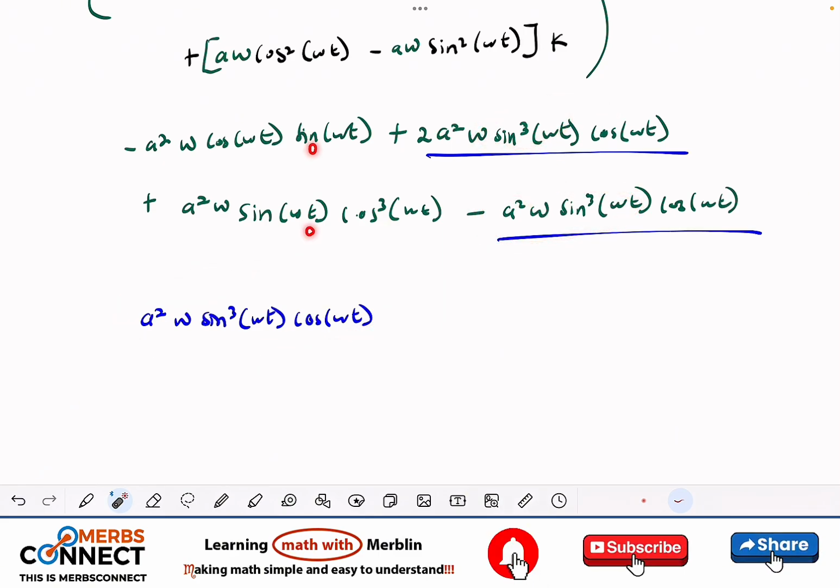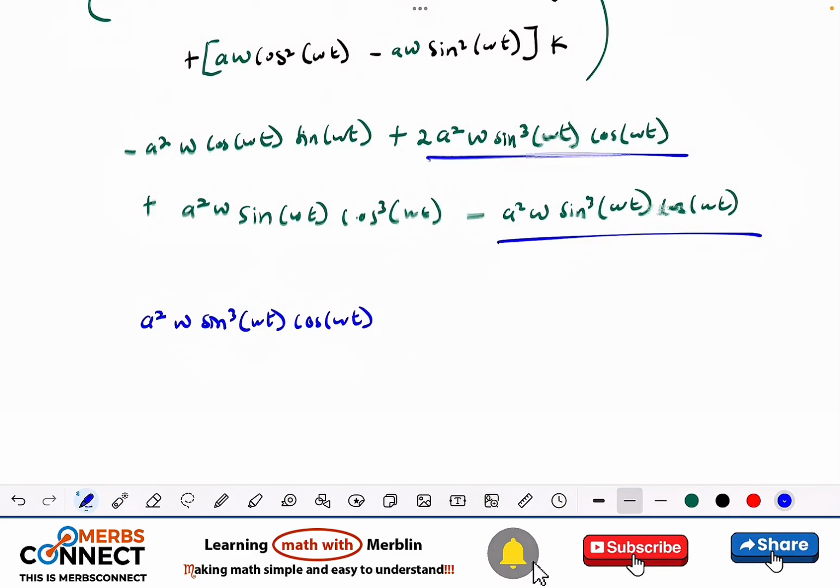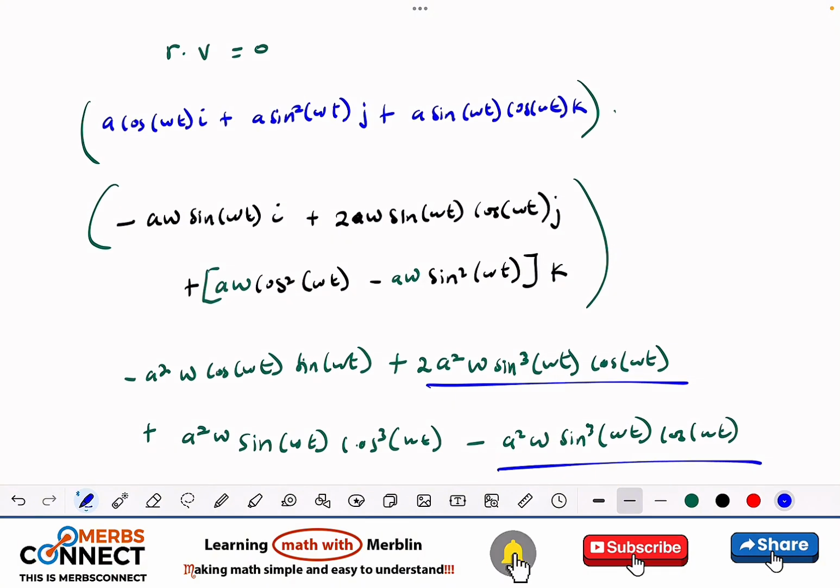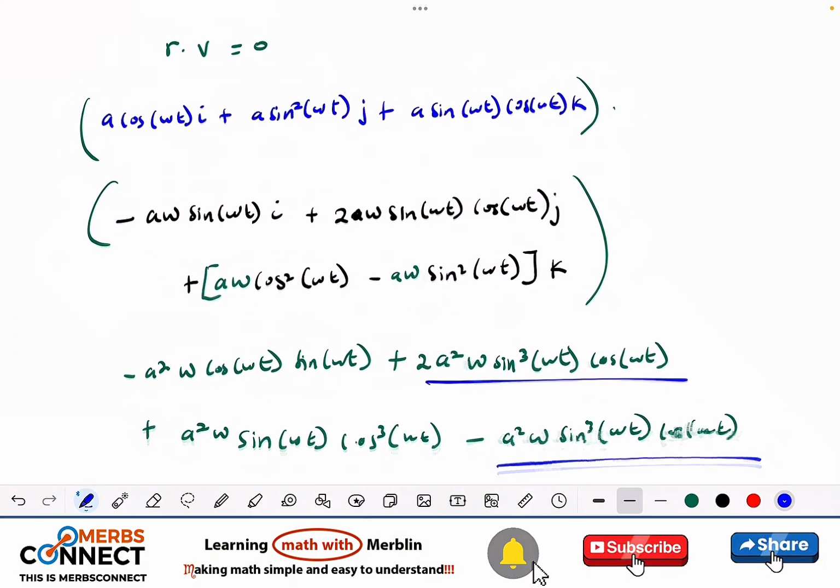Is this and this also related? Let's see if it is true. Okay, not that true. So let's try and write everything down. Let's see what we are going to get at the end of the day.